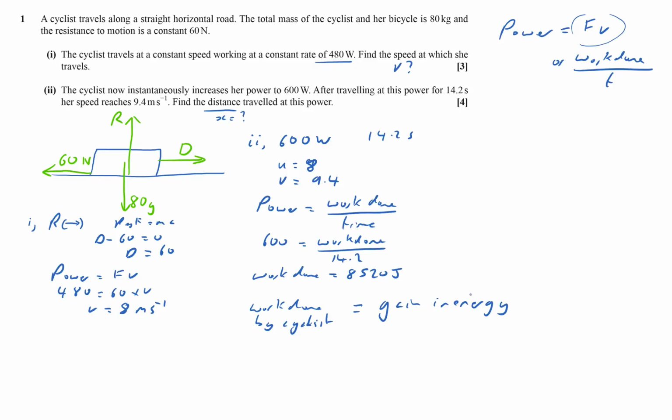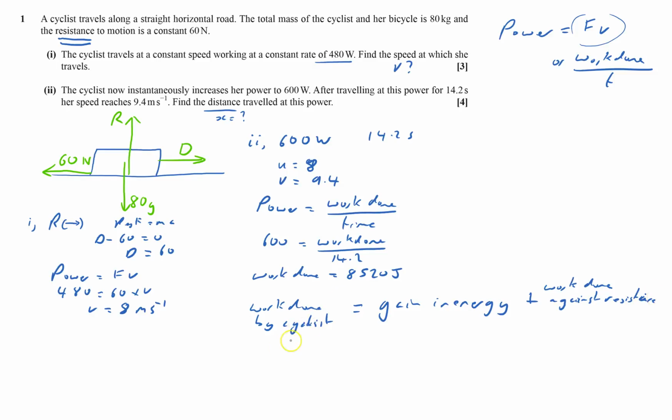But we've also got the resistance to motion, and that's going to take energy out of the system. So I've got to decide which way to put it, and I'm going to put it on the right hand side, so that'll be plus the work done against the resistance, or against friction, whatever you call it.